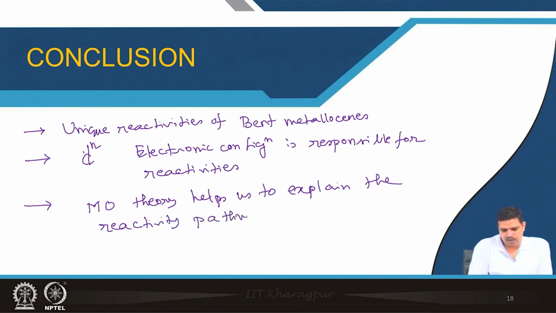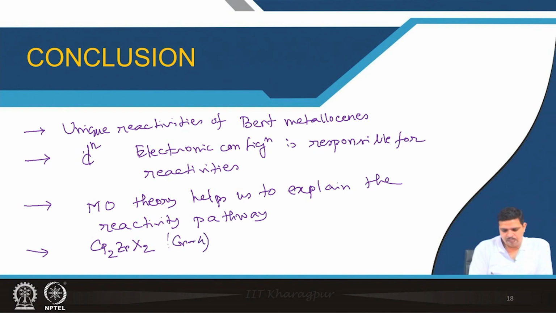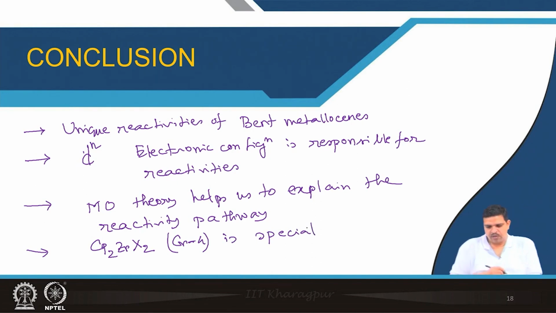And then at the last we saw how the category of Cp2ZrX2, that is the bent metallocene zirconium, the group 4 transition metal compounds, is special from the other bent metallocenes.